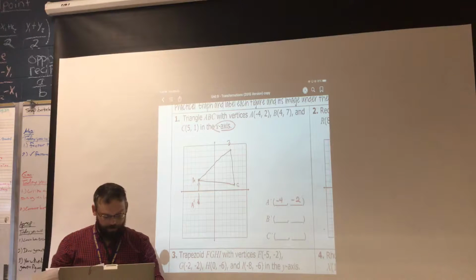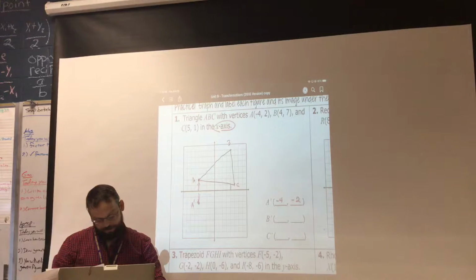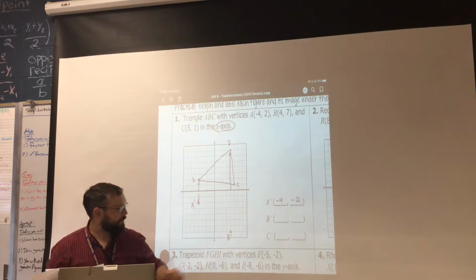So then I'm going to go up here. I'll do the B. So the B is, let's see, this distance right here. So 1, 2, 3, 4, 5, 6, that's 7 up. So that means it's going to be 7 down. So right here is going to be the B prime down here.